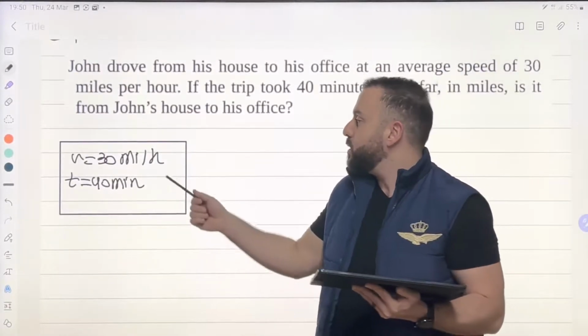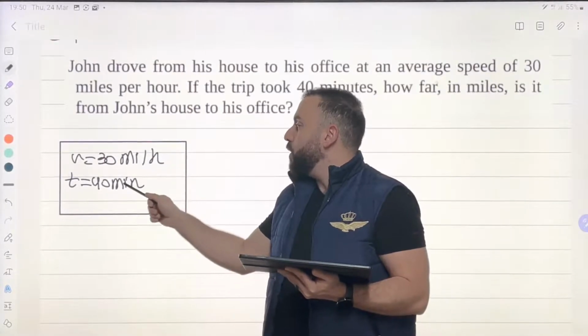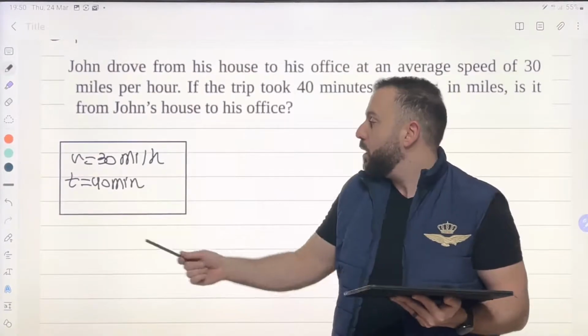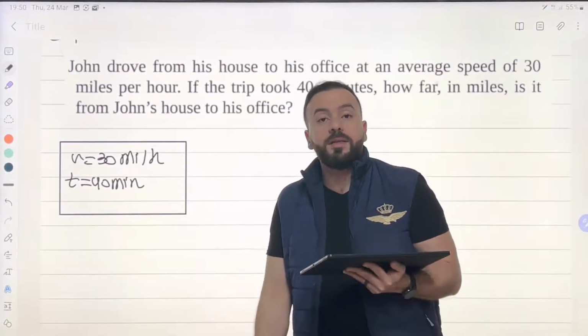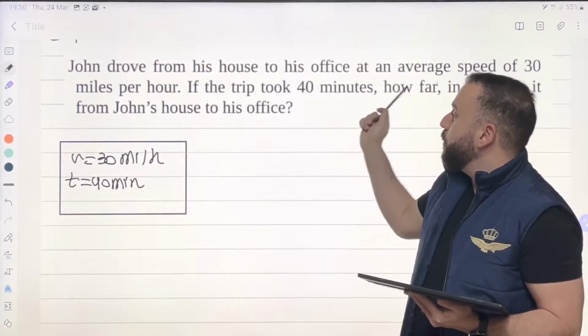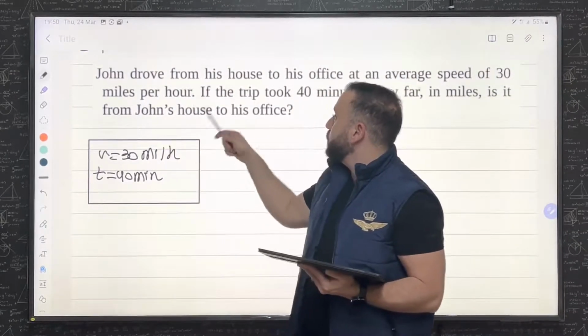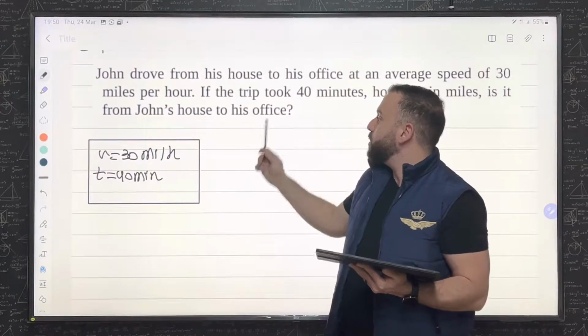Since you are dealing with miles per hour, you need to change from minutes to hours. So think before you start solving and getting the total distance from his house to his office.